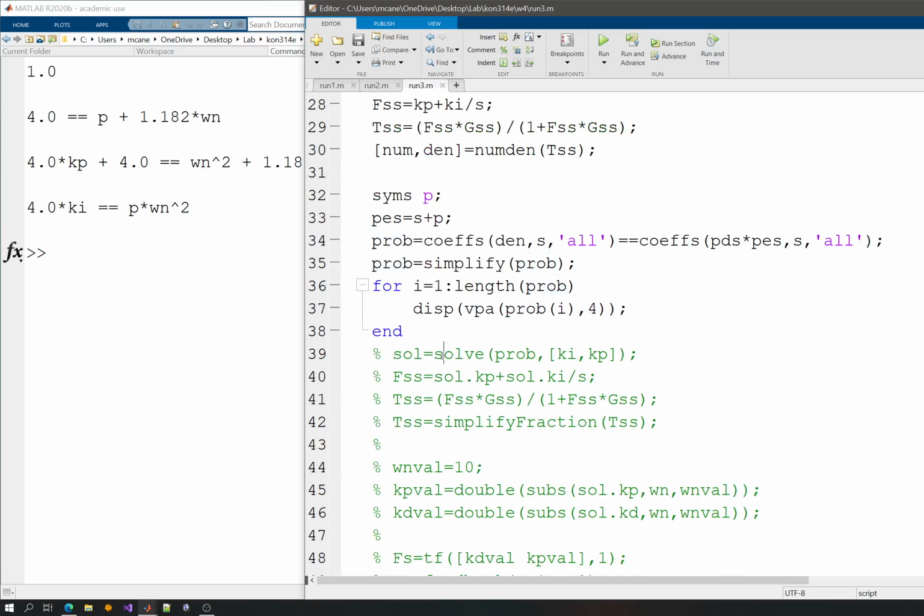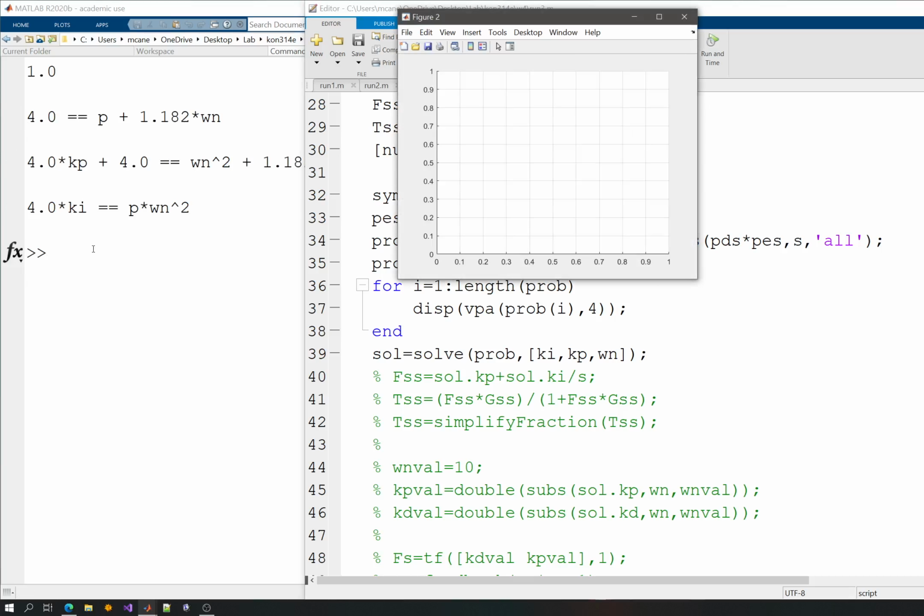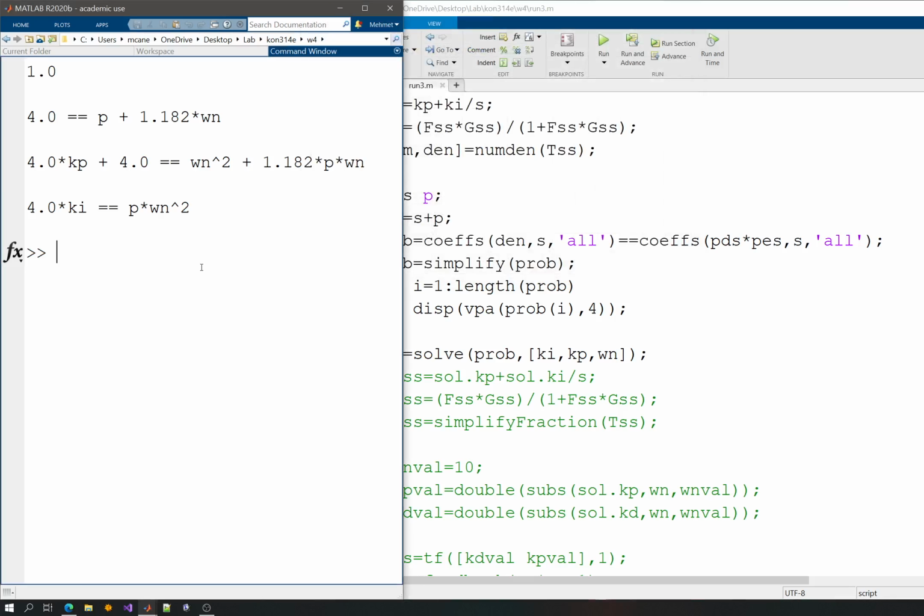Now I can go ahead and tell Matlab to solve for Ki, Kp, and possibly omega n, and it will look for the left parameter here, which is P. I didn't mention P, so it will use P as a parameter, as a free parameter, and it will represent the solution if it's possible to solve this equation set.